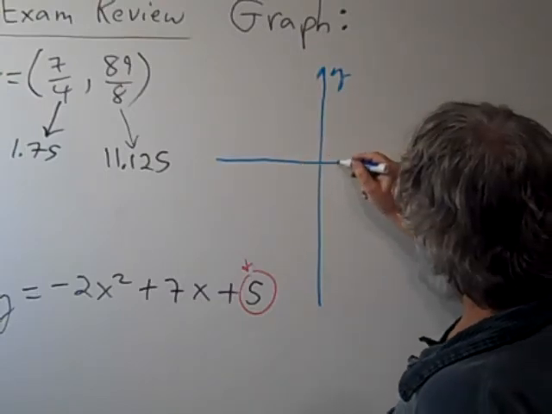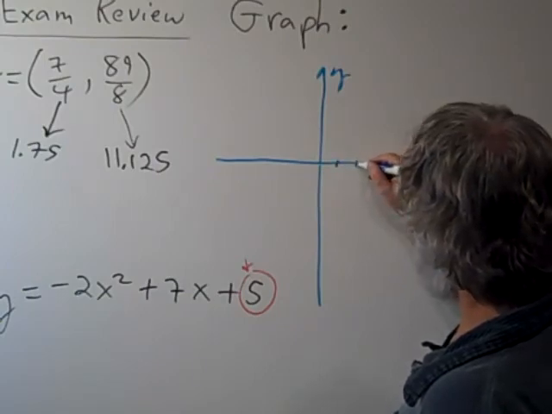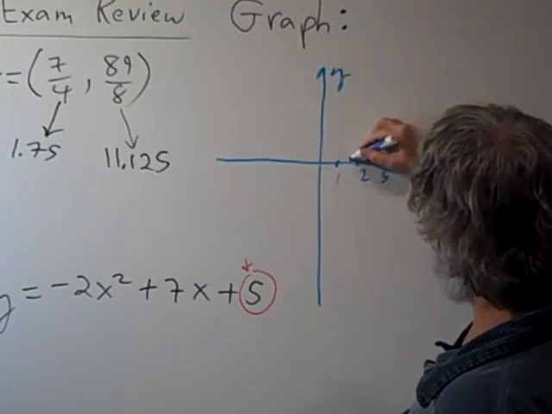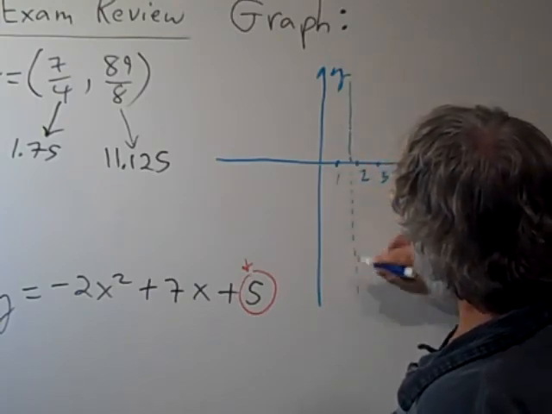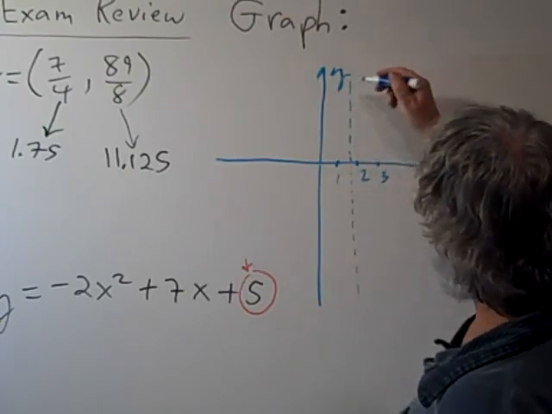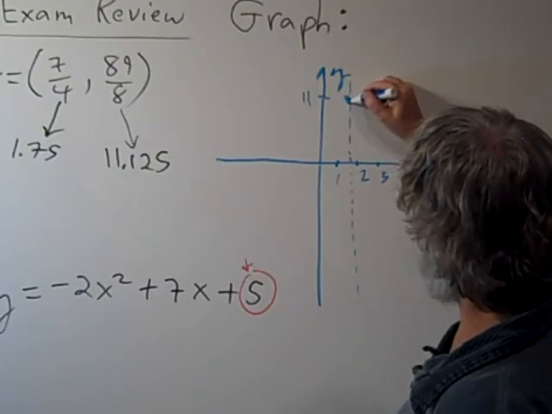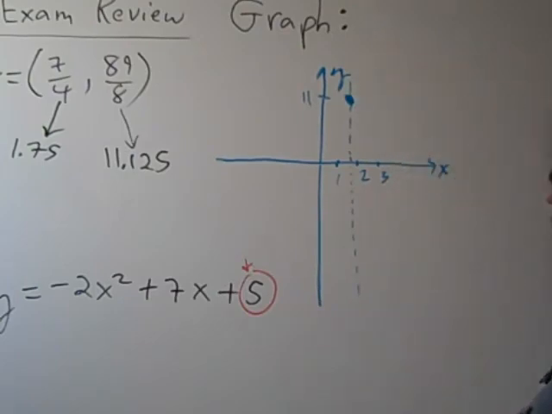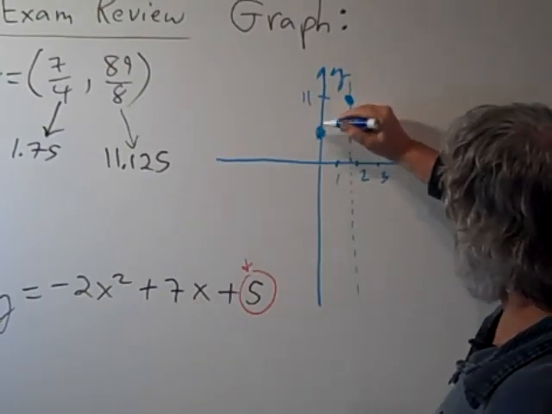So let's say this is 1 and this is 2 and this is 3. So 1.75 is about here. That's the center line, the line of symmetry for the parabola. And we have to go up to 11. Let's say this is 11, and a little bit more than 11 is the vertex. And it's opening downwards. The y-intercept is at 5, which is about here, a little less than half.